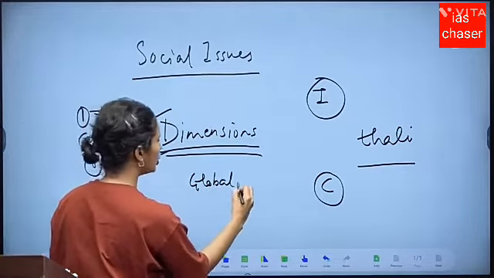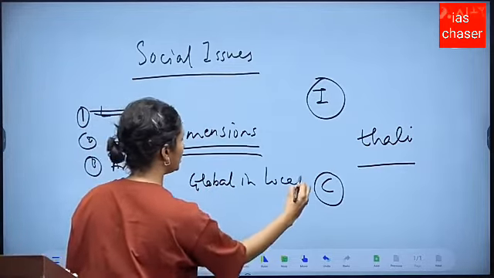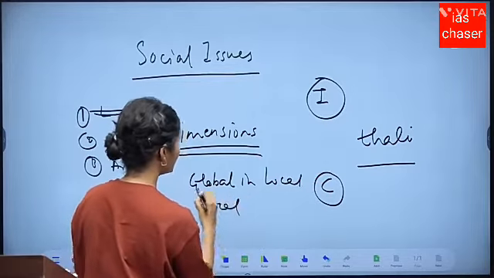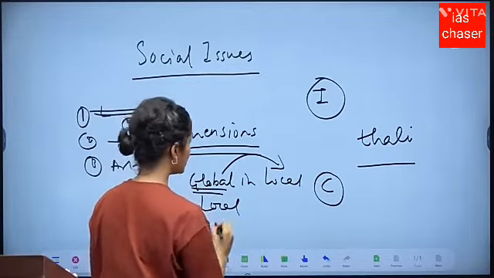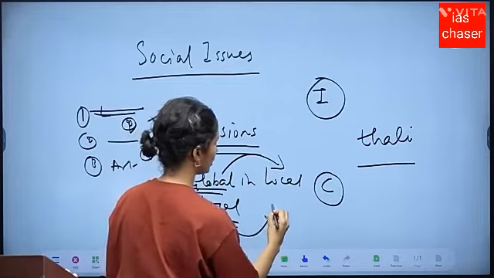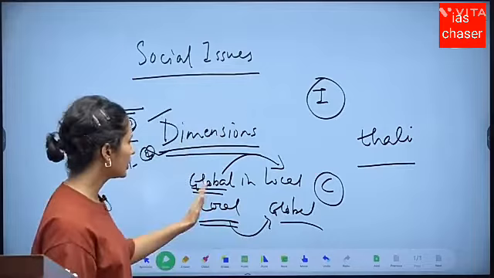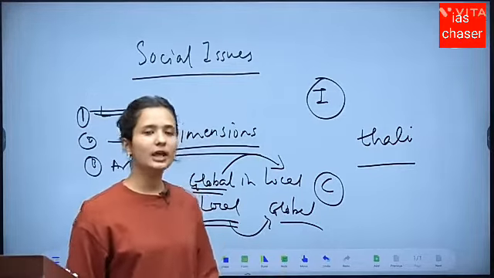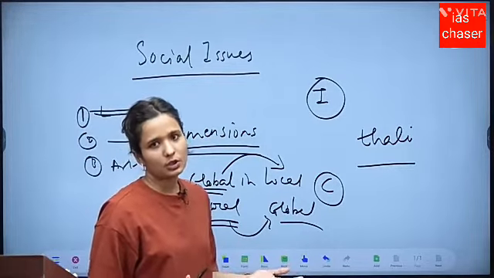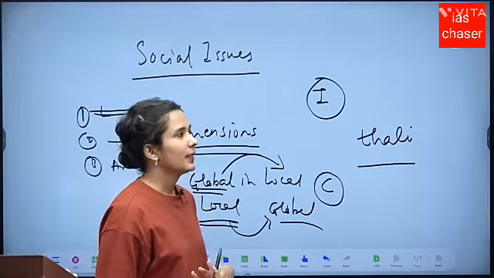Similarly, globalization is a topic. Global in local and local in global. How does globalization affect local cultures, and how do local cultures affect globalization? There are a lot of questions which are asked on globalization year after year. So make sure that you sit down one day and think of things that are there.